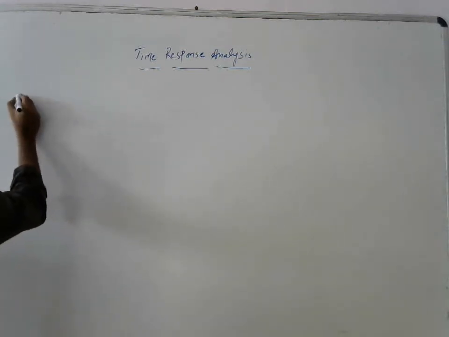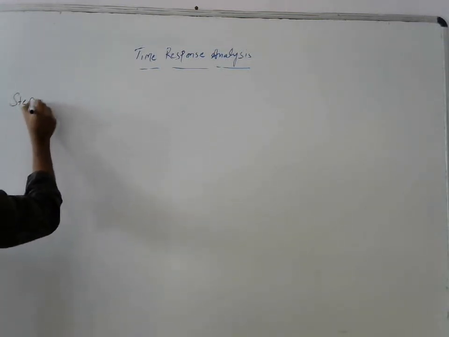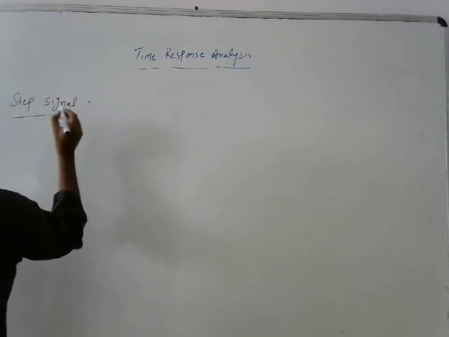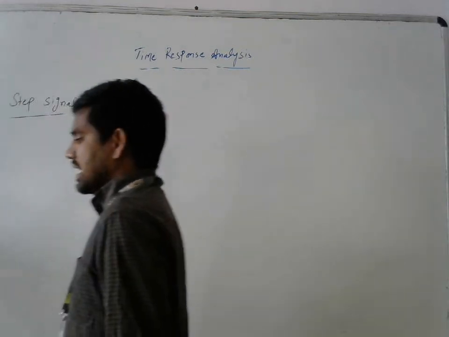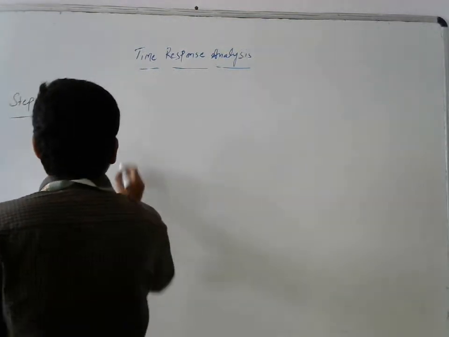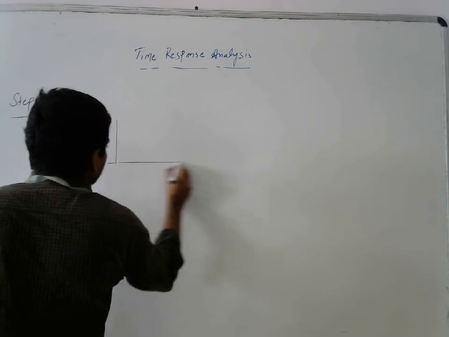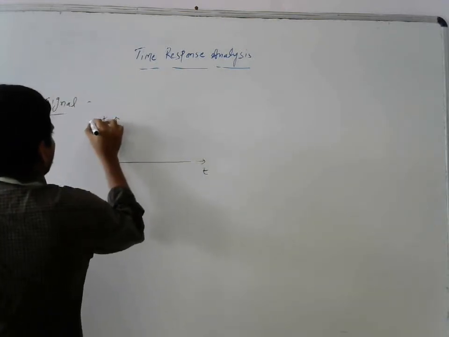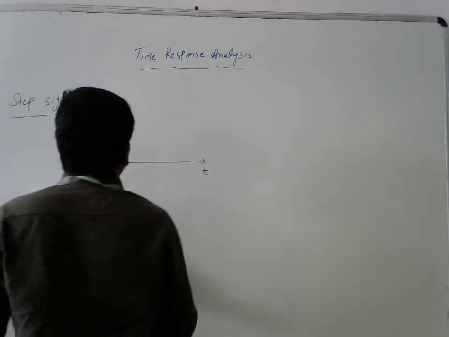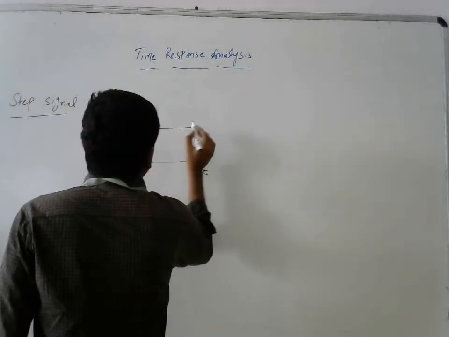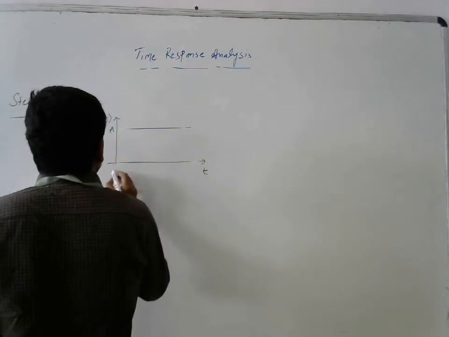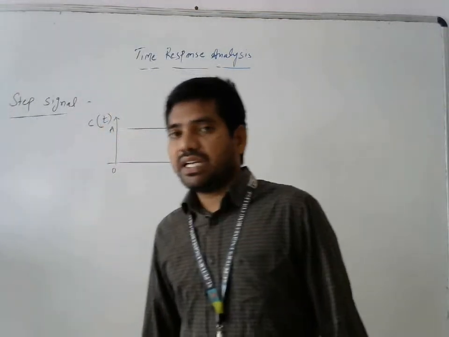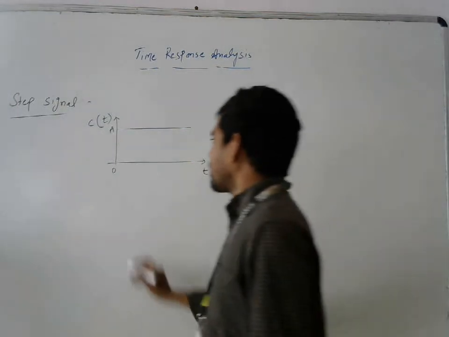Step signal. The step signal is a signal whose value changes from 0 to A at time t equal to 0. Here this is our time t, and this is our output C of t. What will happen?